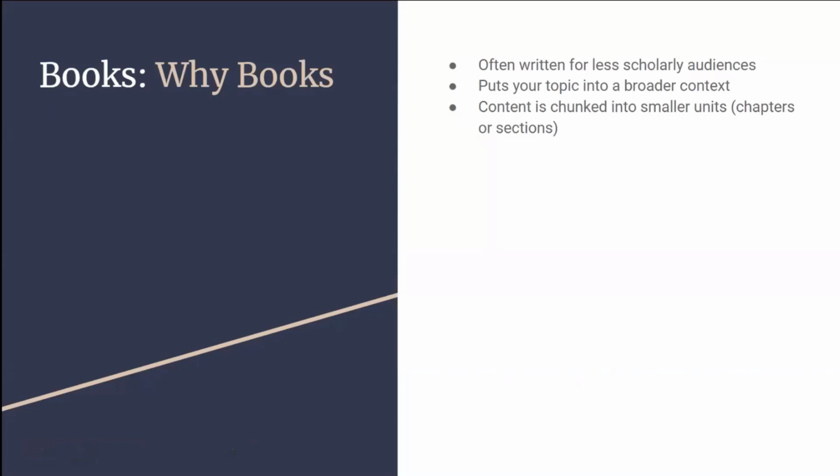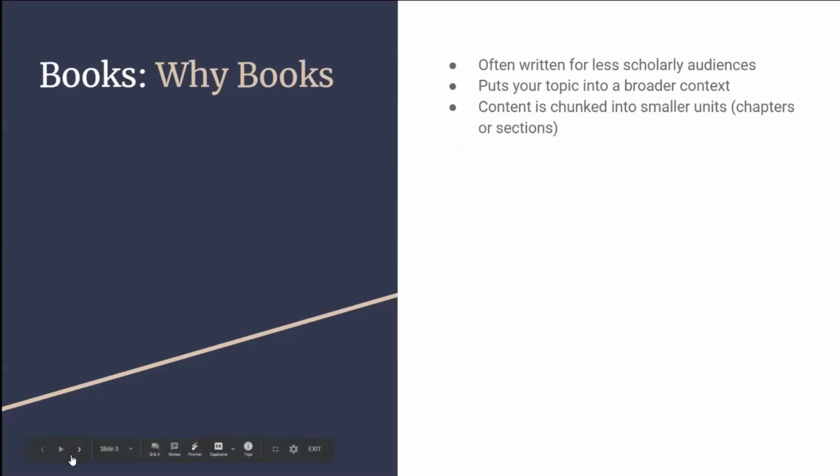They are one literary concept applied to one literary work, and that might be helpful to you unless you're more concerned with the main topic, or maybe you haven't read that exact work. Books can be really great for that. And the content is chunked into smaller units like chapters or sections. So it isn't always necessary that you actually read the entire book to be able to legitimately cite it for whatever research you're doing.